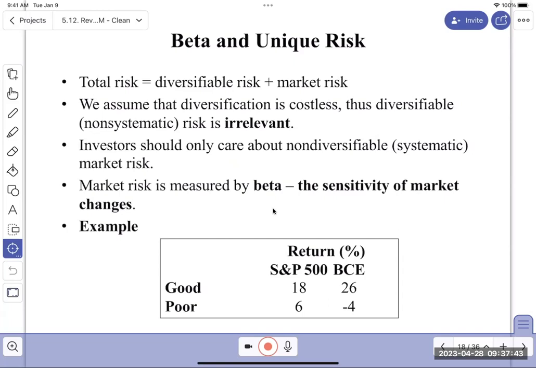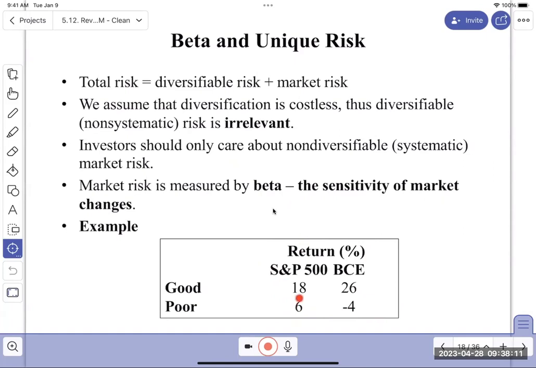And market risk is measured by the beta. The beta is the slope of the relationship between the market returns and the stock returns. So this looks familiar. This is what I talked about, where we looked at variables like this.